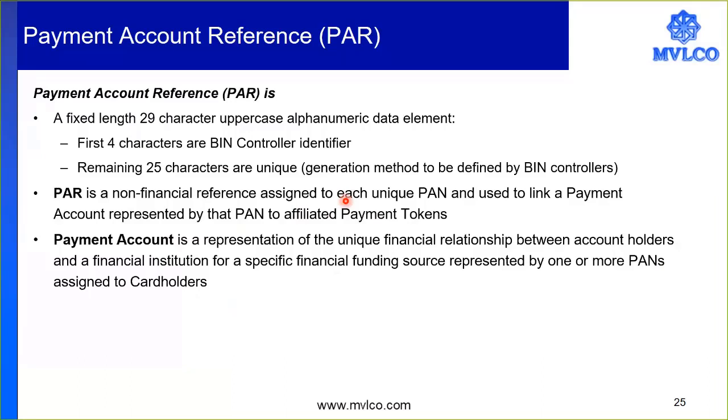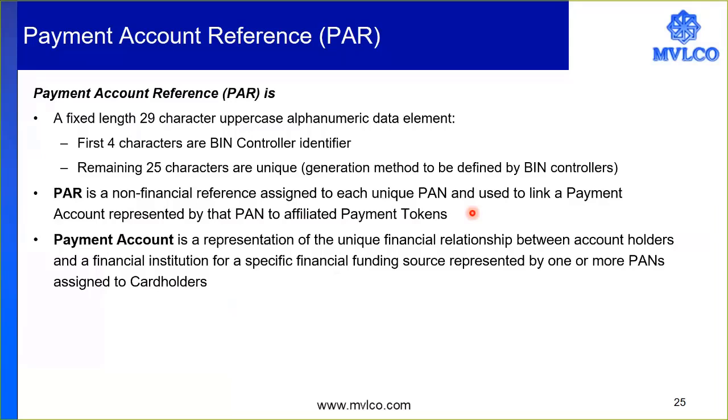So whenever I transact using different kinds of tokens which are affiliated with the same PAN, all of them would also have the same PAR. So then as a merchant or as an acquirer, instead of aggregating transactions at the PAN level, I can now start aggregating them at the PAR level. Alright, so that is the significance of this PAR.